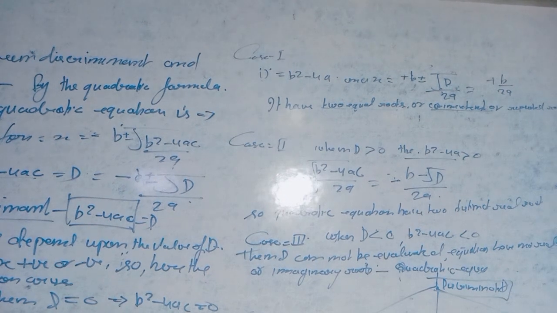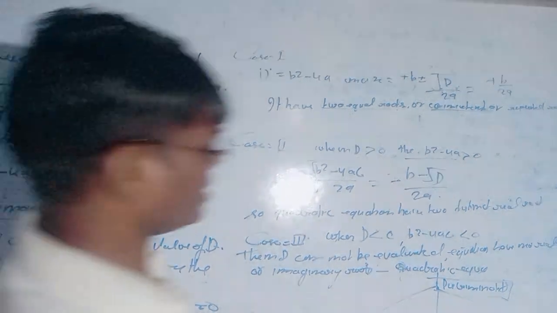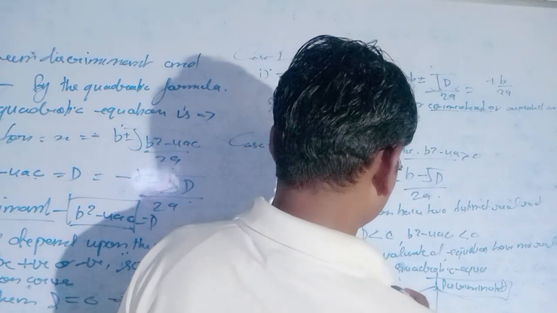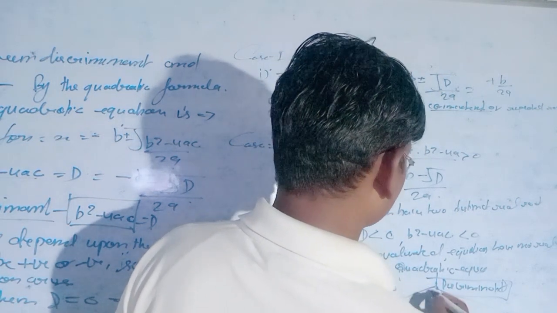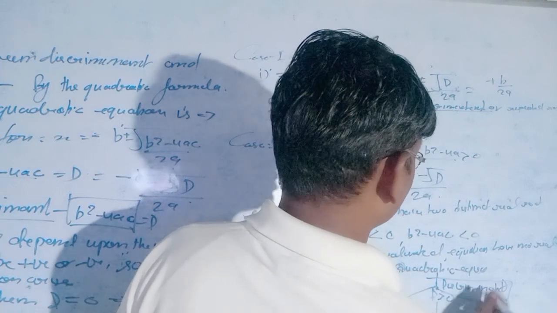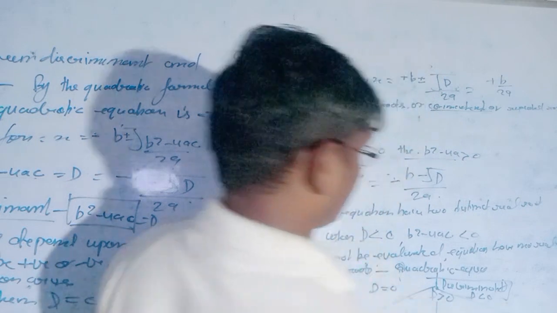If d is equal to 0, d is less than 0, and d is greater than 0.